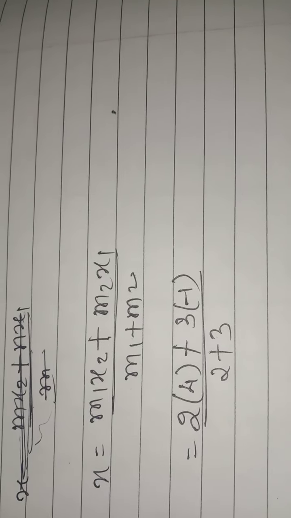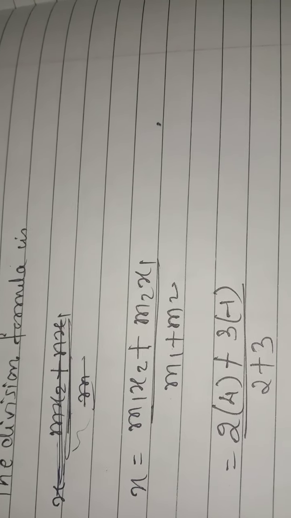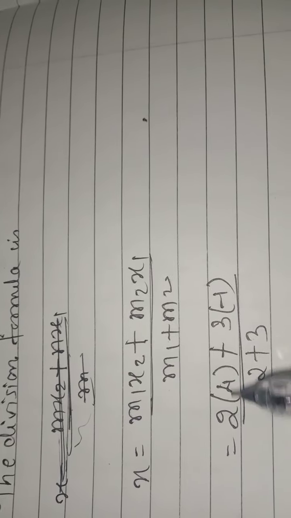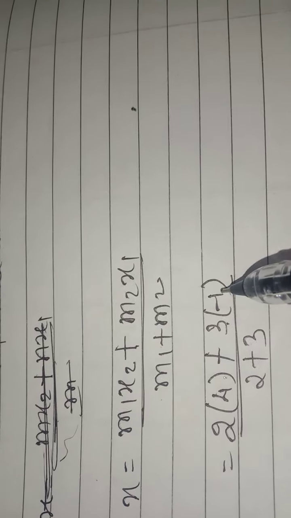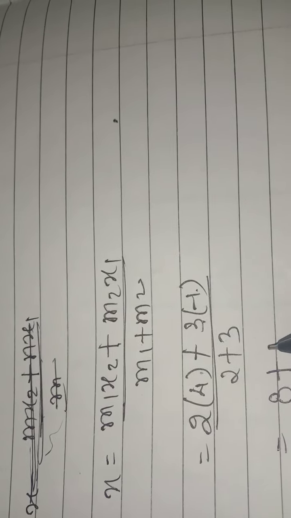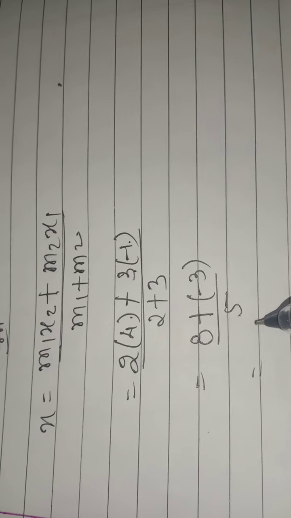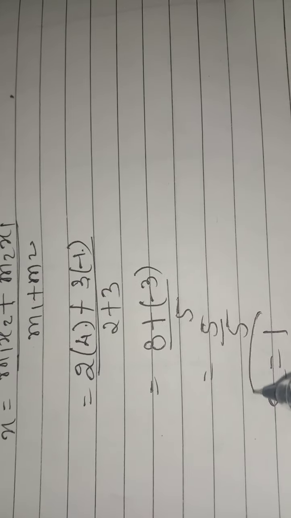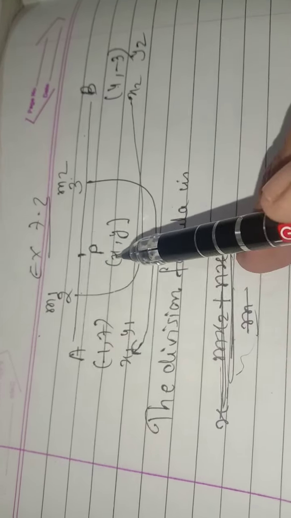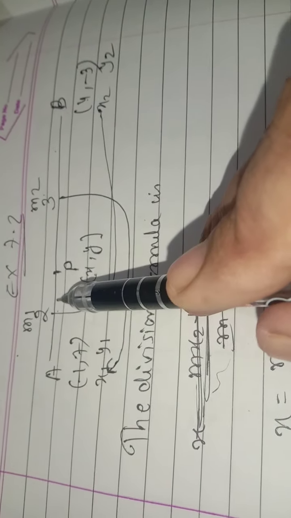Just see what I have done, I have just put in the values and nothing else. So 2 4s are 8, 3 times -1 is -3, upon 5. So we get 5 upon 5, and that is equal to 1. So we got the value of x as 1, which is dividing the given segment in the ratio of 2:3.